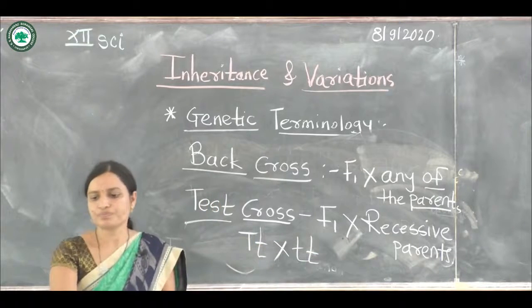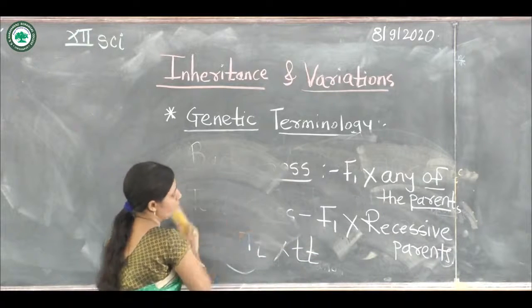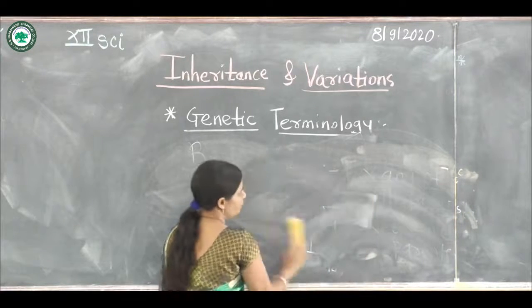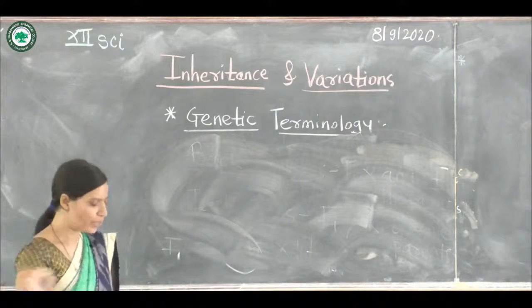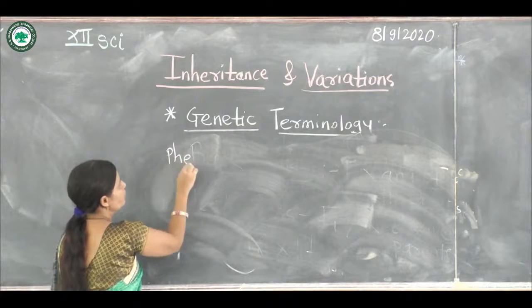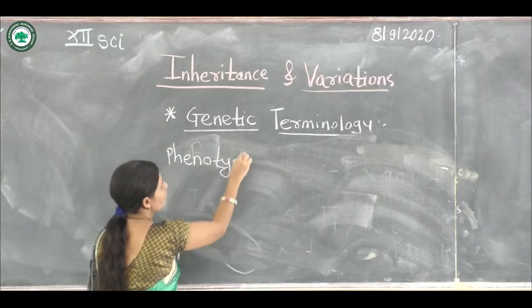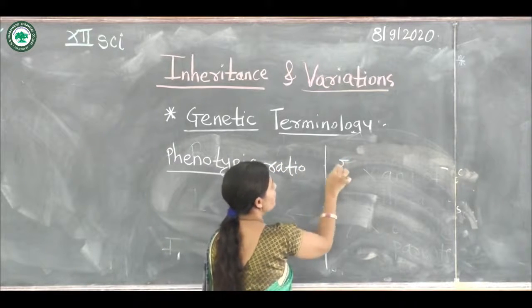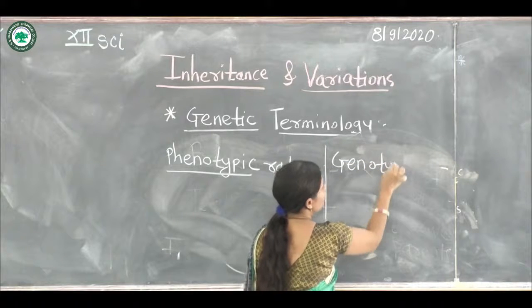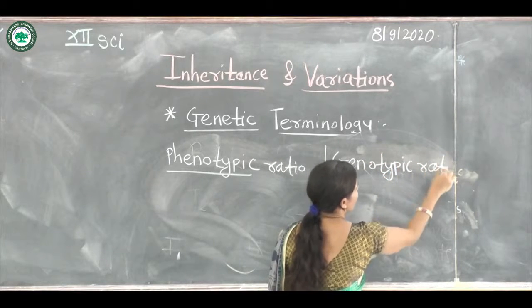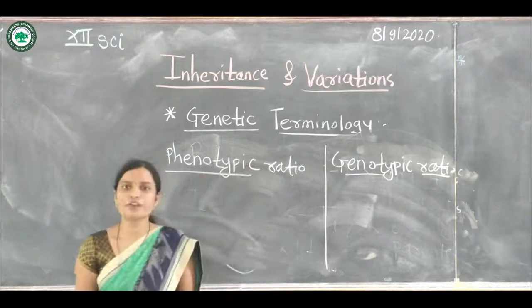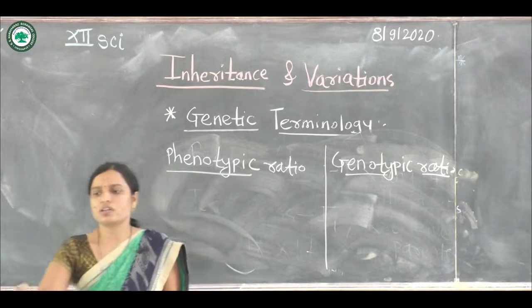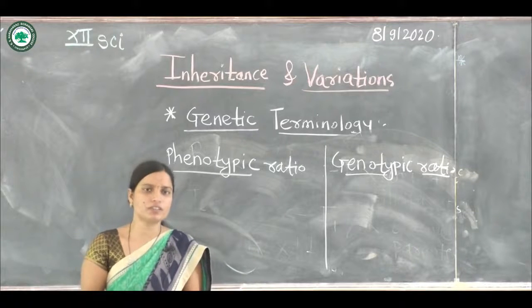The next term, phenotypic ratio and genotypic ratio. The phenotype is the external appearance of an individual, and this ratio appears in the F2 generation.